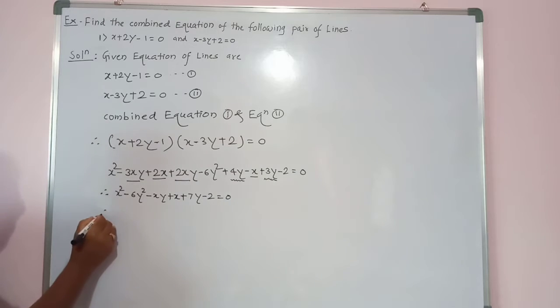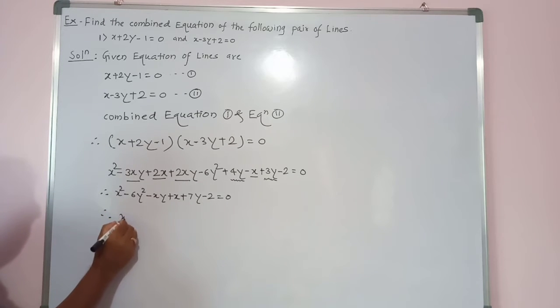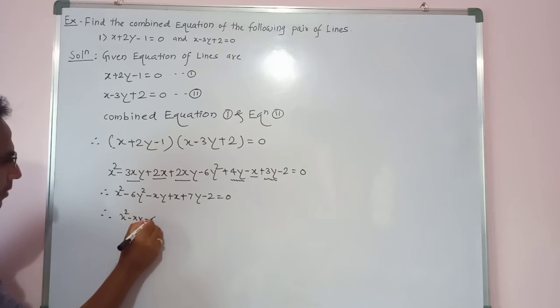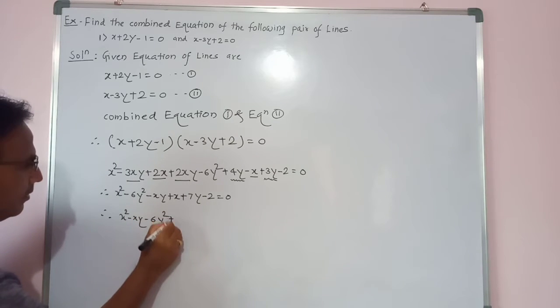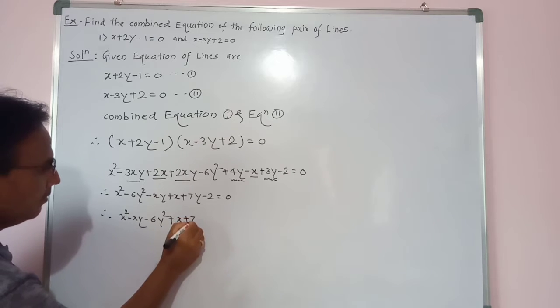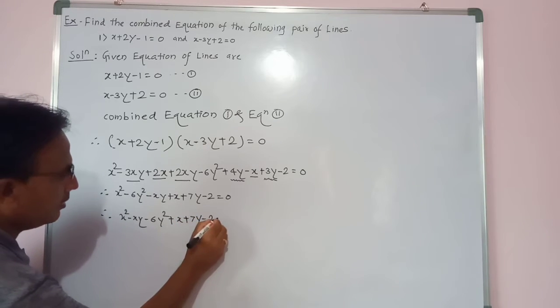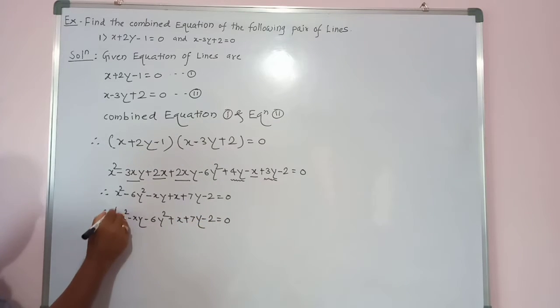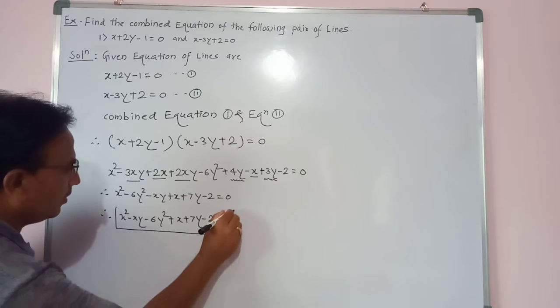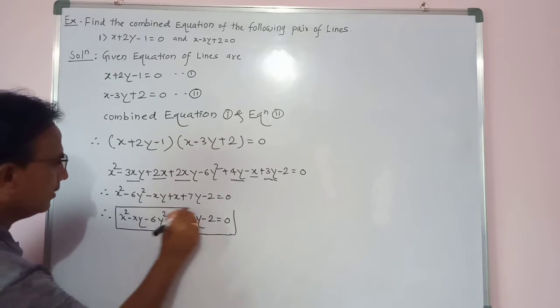Therefore, x square minus xy minus 6y square plus x plus 7y minus 2 equal to 0. This is the required combined equation of lines.